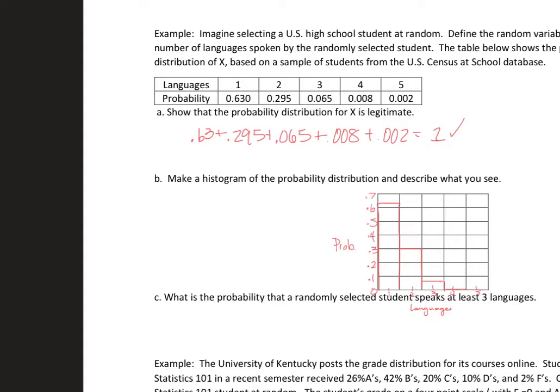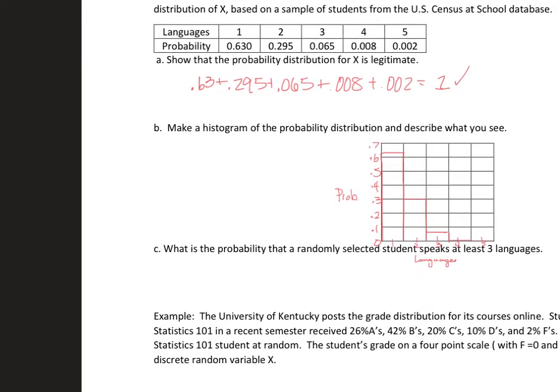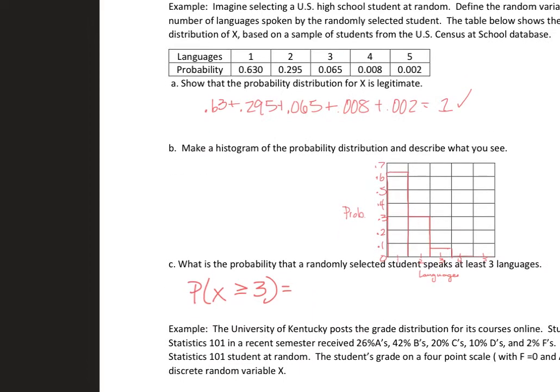All right, so now we can actually talk about some probabilities. What's the probability that a randomly selected student speaks at least 3 languages? So we'll turn back to our probability notation that we learned in Chapter 5, and that'll stay with us pretty much until the end of the year, but definitely through this chapter. In this case, at least 3 would be anything greater than or equal to 3. And we'd come up here and say, okay, we're looking for these 3 numbers right here.